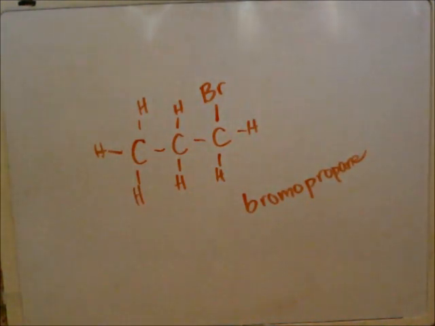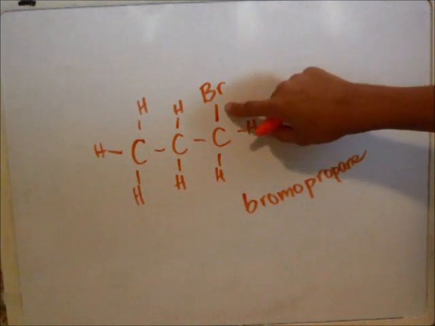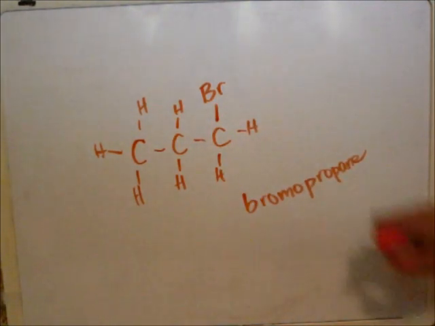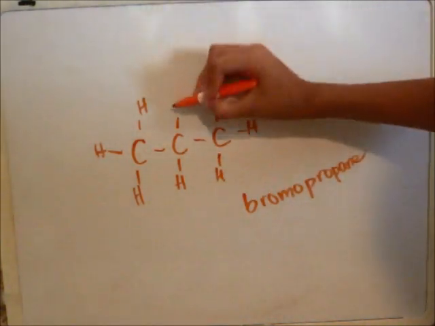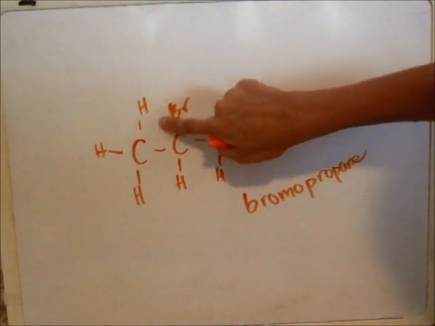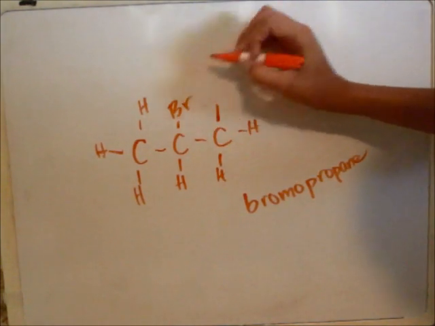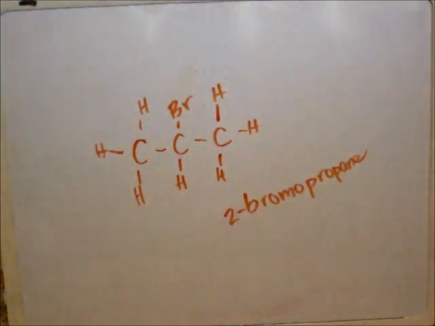Bromopropane. And just like when we're naming groups, like where they are, this is on the first carbon, so we don't need to say one-bromopropane. But if the bromine was in the middle, like that, then we would have to say 2-bromopropane.